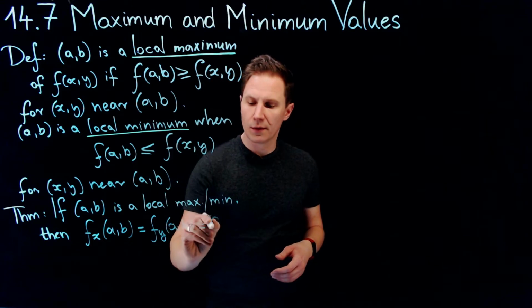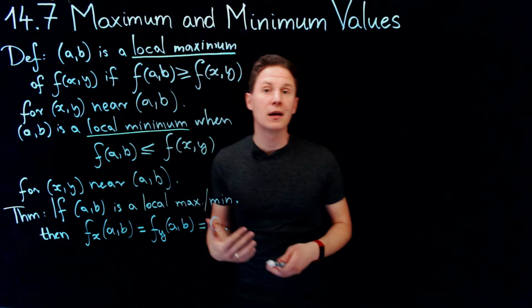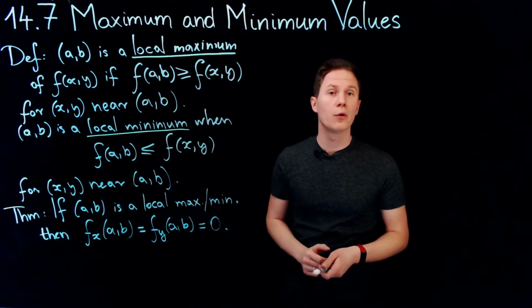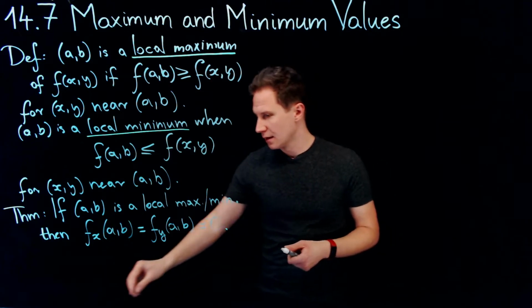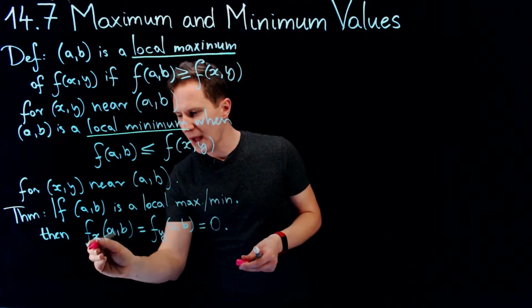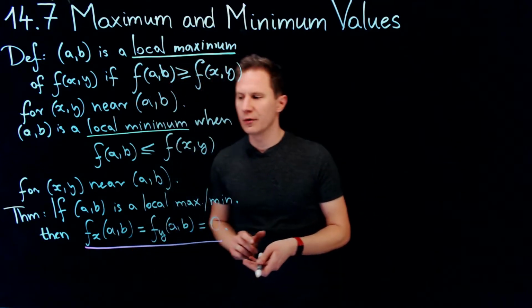So it's a necessary condition on having a local maximum or minimum. It's not sufficient, but it's necessary to have vanishing first partial derivatives.